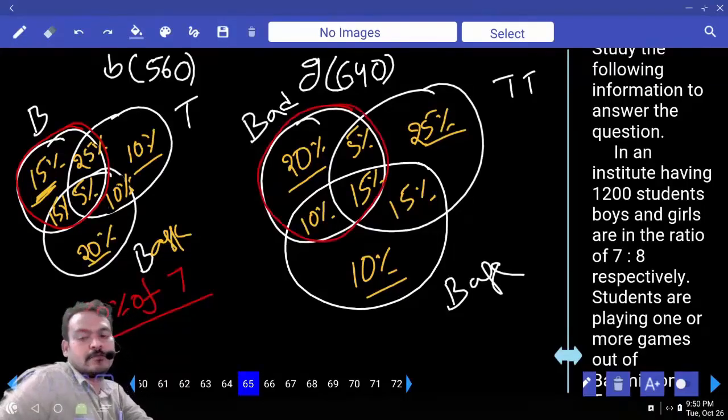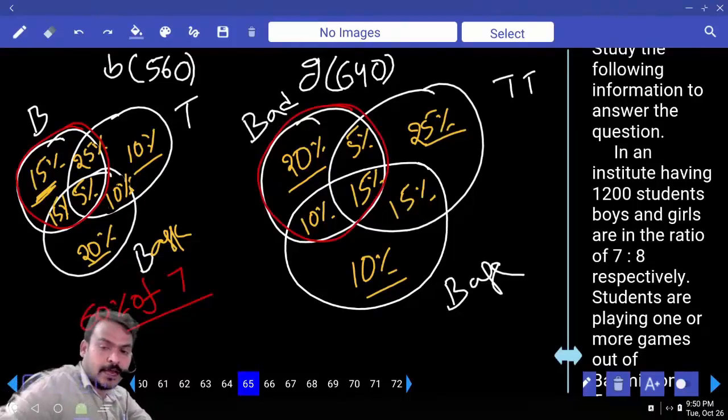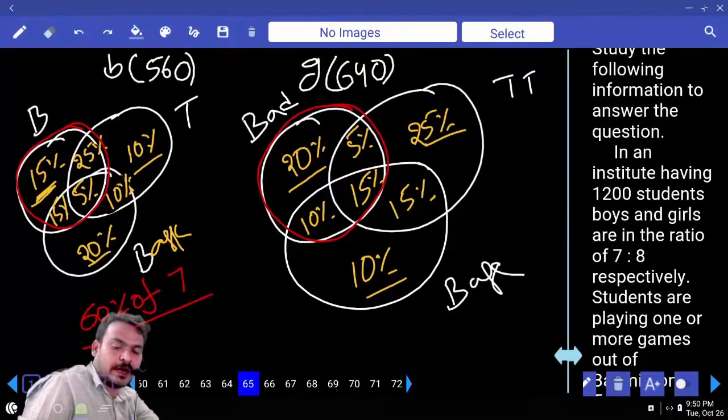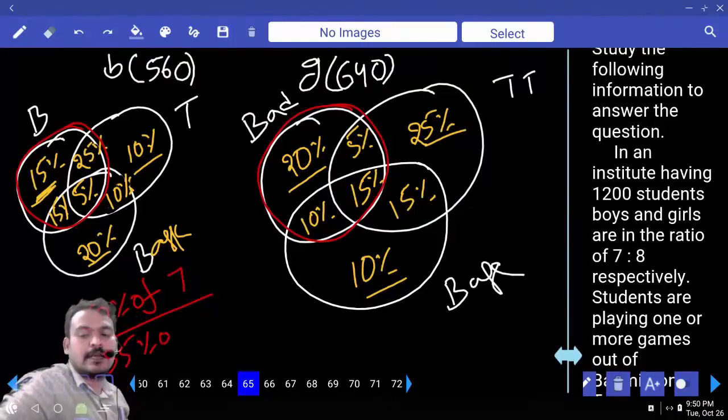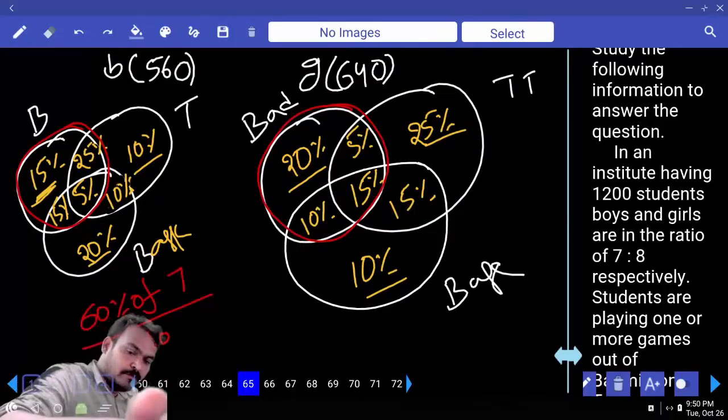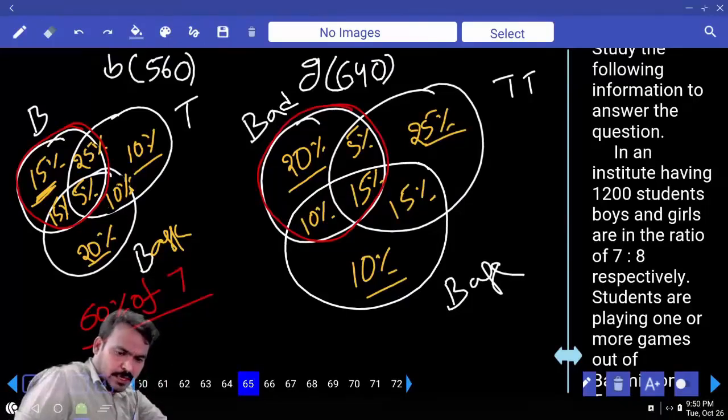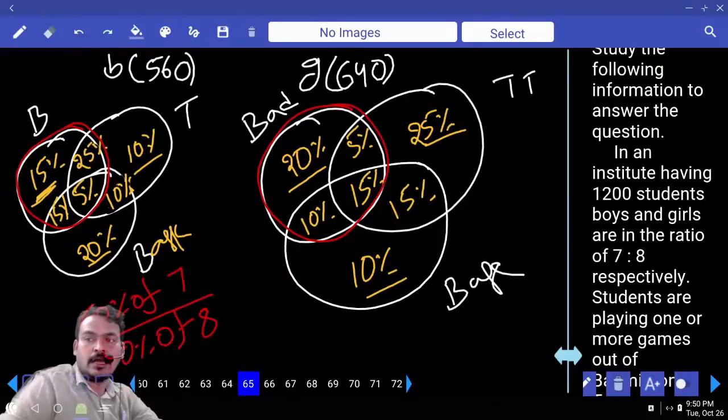Next, in girls, how much percent? 55%. 55% of which value? 20 plus 10, 30, 30 plus 20, 50%. 50% of which value? 8 parts. The numerator 0 and denominator 0 both are cancelled.